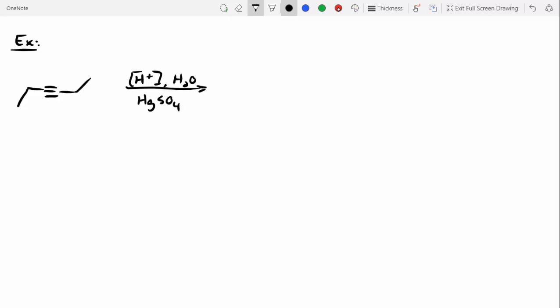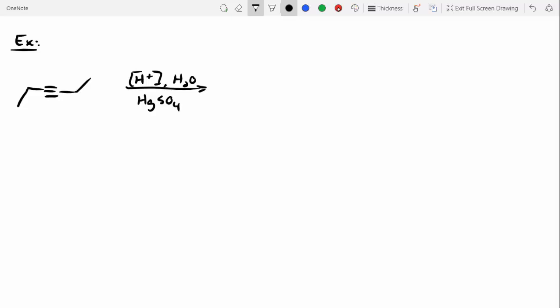All right, and what will our final product look like? What do you guys think? So I'll let you guys think about this for a second. We're doing something that's reminiscent of Markovnikov addition like we saw with alkenes. Is there a Markovnikov side to this alkyne?